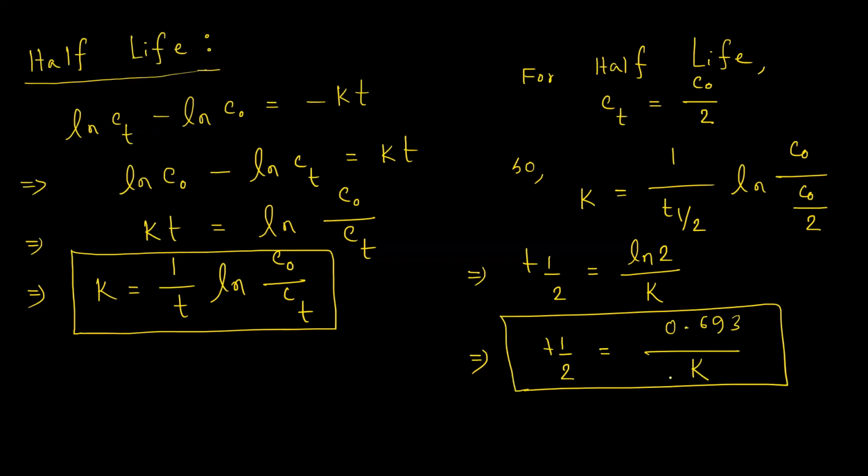So if we know the rate constant for a first order reaction, we can easily find the half-life for this reaction through this equation. And look at this expression. There is no initial concentration in this expression. So we can say that the T half of a first order reaction does not depend on initial concentration of the reactants.